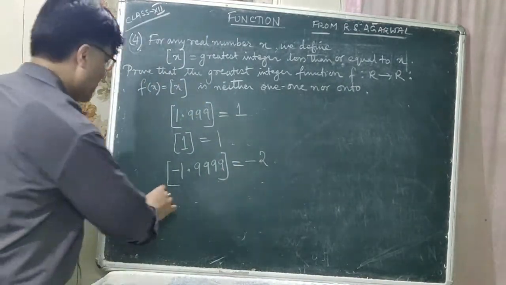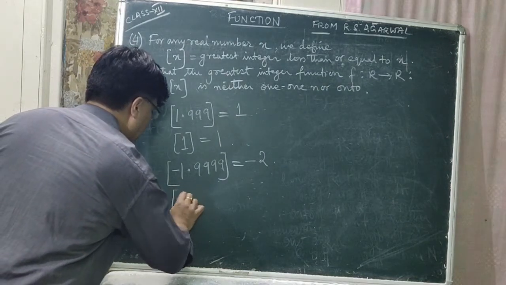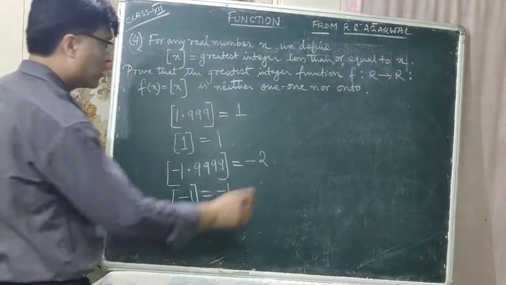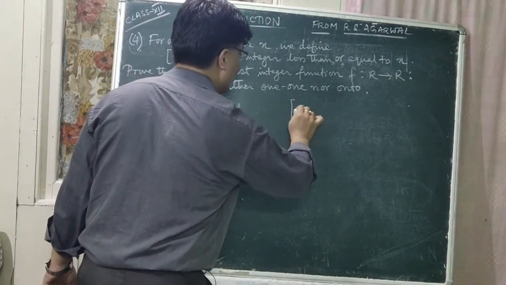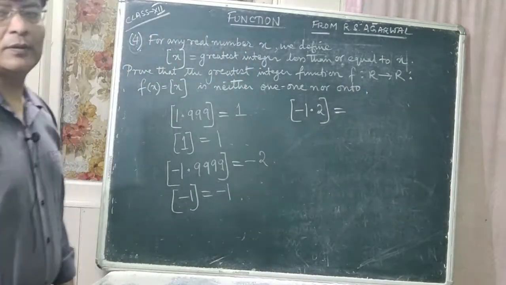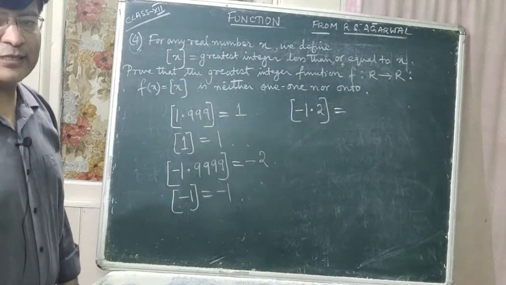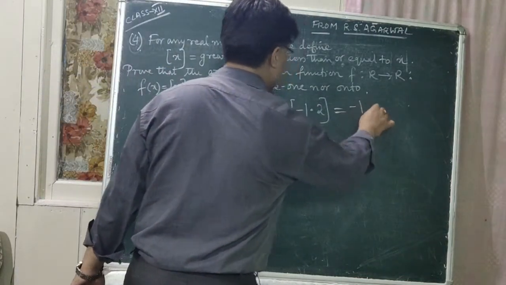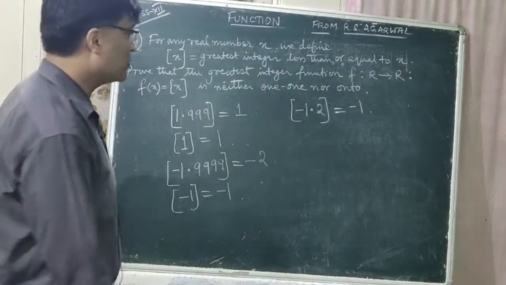Is that clear? So if you have minus 1, you can write minus 1. If you have minus 1.2, so which is the greatest integer which is less than minus 1.2? It is minus 1. I think you have understood it.